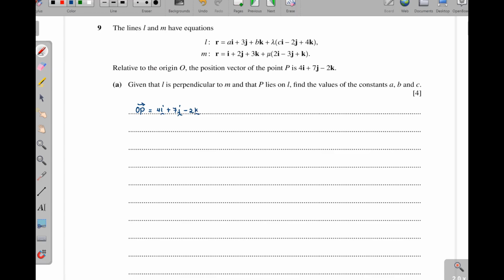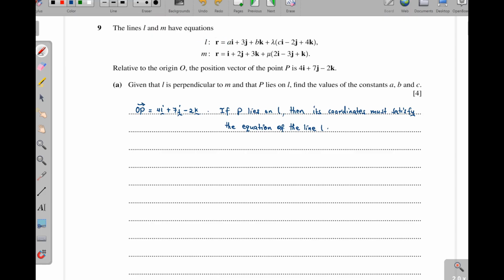If P lies on the line L, then it must satisfy the equation of the line L. So the equation of this line L is r equals Ai plus 3j plus Bk, plus lambda times (Ci minus 2j plus 4k).